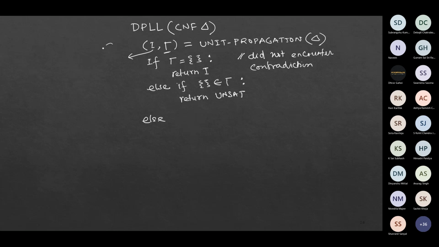Now in this part, we have already collected I and forcefully assigned truth values. Now, if you have set up literals to be L, I should name it differently.